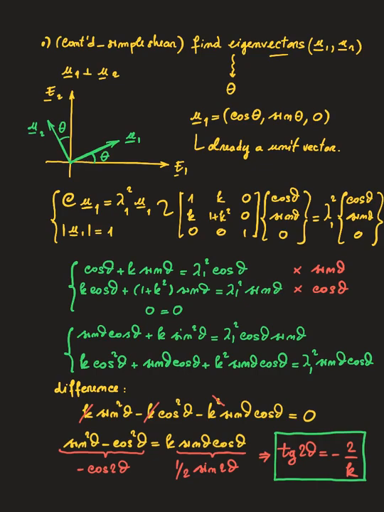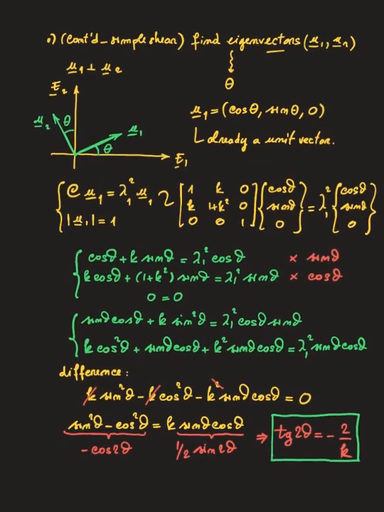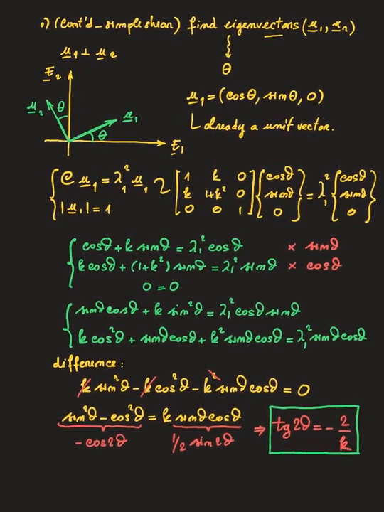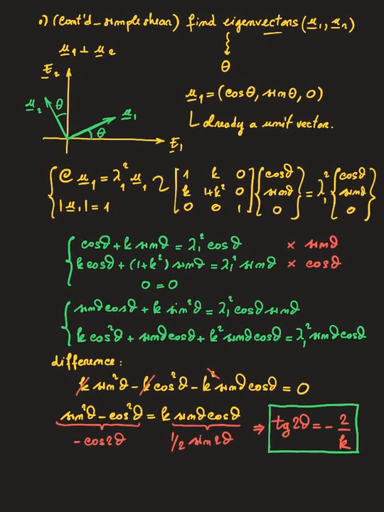You could at this point say, but how can you be sure that this angle theta, which characterizes u1, so don't forget that theta is the angle qualifying u1, really corresponds to lambda 1? In fact, if you look at the derivation I did, I never used the value of lambda 1.